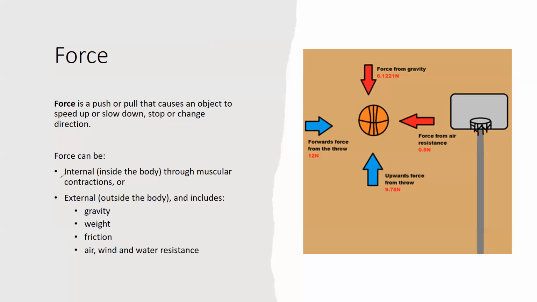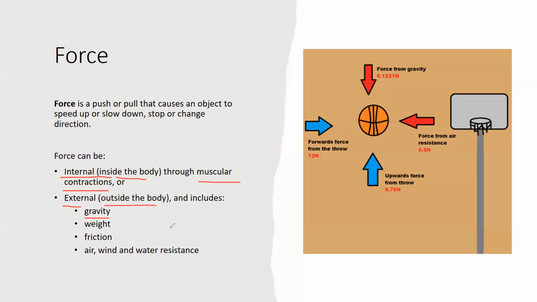The first is what we call internal force. Internal force is inside the body and through muscular contractions. For example, when we swallow food and digest it in our stomach, that's internal force. And external force is outside the body, so it includes gravity.